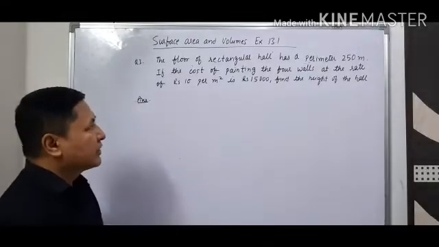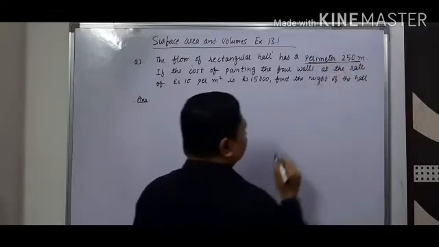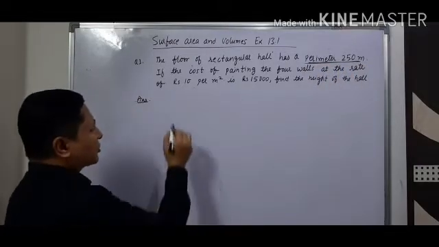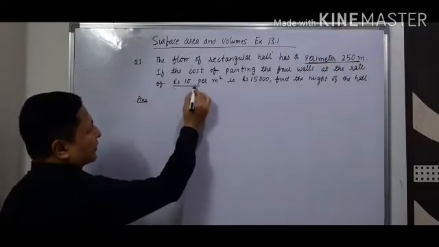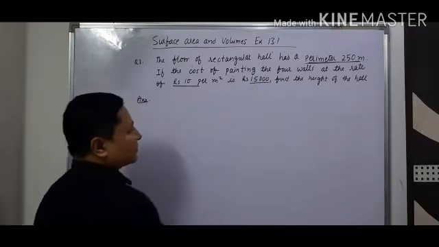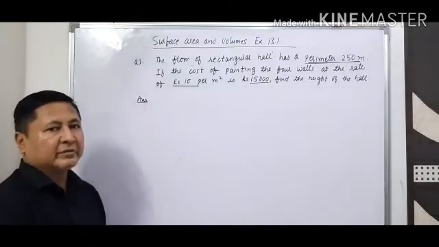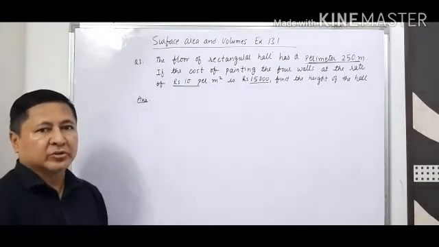Now in this question it is given that the perimeter of a rectangular hall is 250 meter. Cost per meter square is rupees 10 and the total cost is rupees 15,000. This is given in the question. We have to paint the area of four walls.